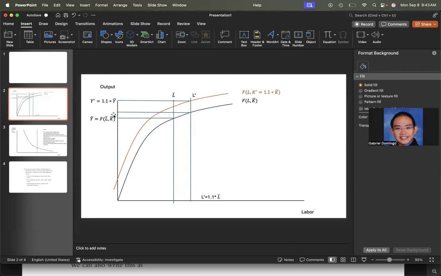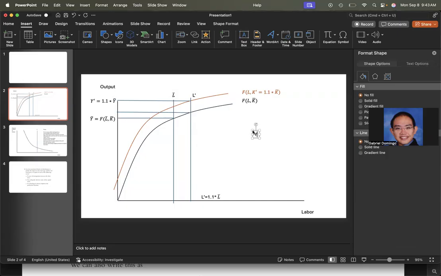Okay? And this new Y, I'm going to call it Y star star. This Y star star here is going to be bigger than Y bar because you increased labor, but you never increased capital, right?